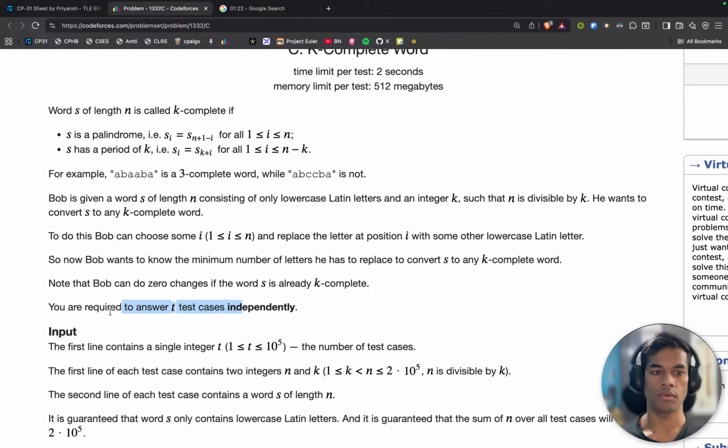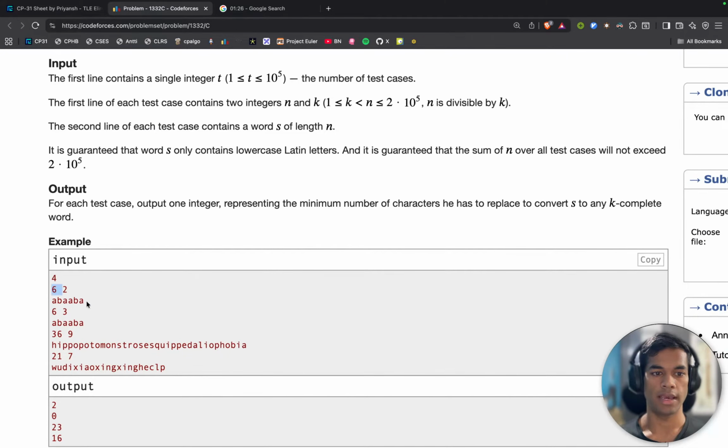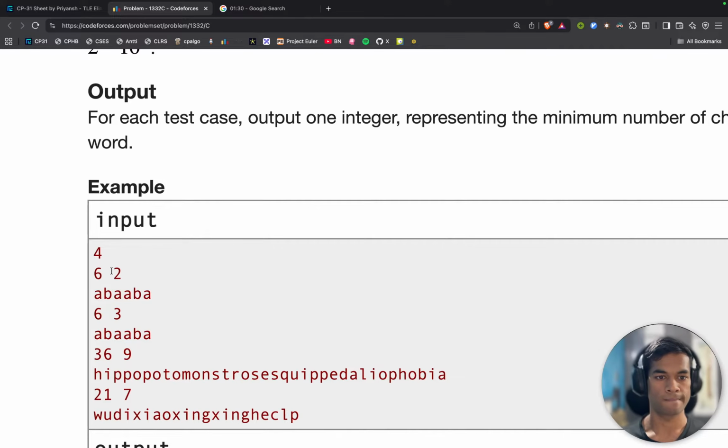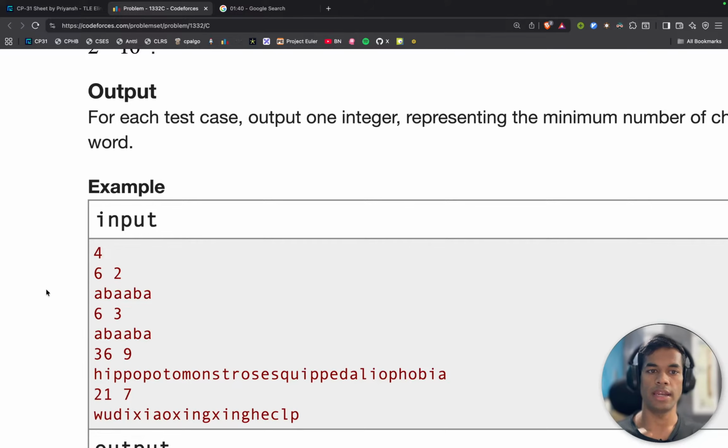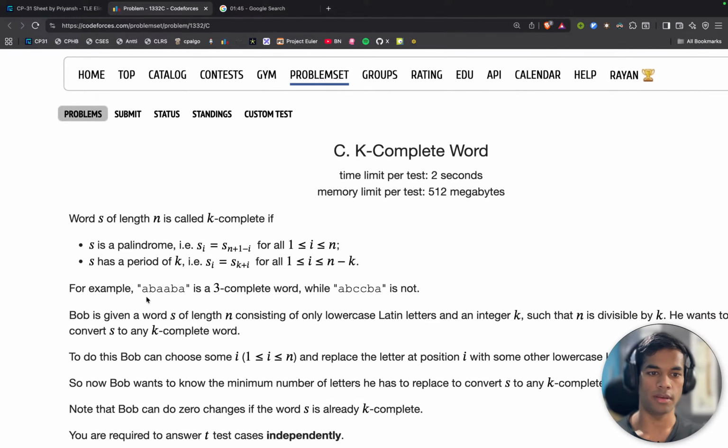Okay, so I have to answer them independently, N and K. To make it k-complete I have to make the period equal to 2. So first of all, each individual period, this thing individually, also has to be a palindrome.